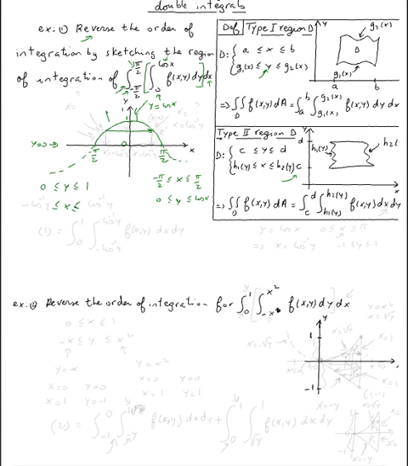X is going to go from here to here. So we need to find the equation x equals blah blah, and then the equation here x equals blah blah. So of course y equals cosine of x, we need to solve for x. Let me do it here. Y equals cosine of x.